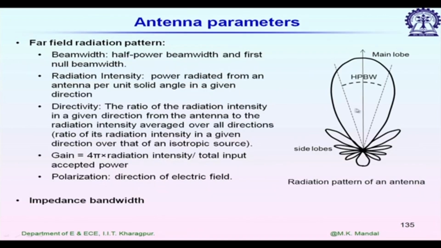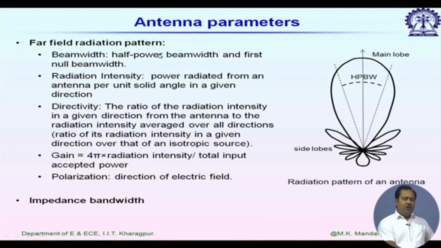Now for general antenna structures, we have to deal with many parameters. So how do we define the characteristics of an antenna? There are several parameters. We should know the parameters first. The first important parameter is the far field radiation pattern.